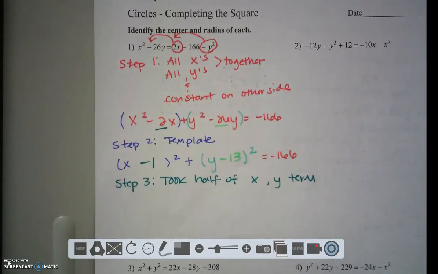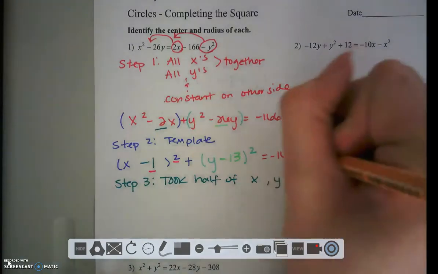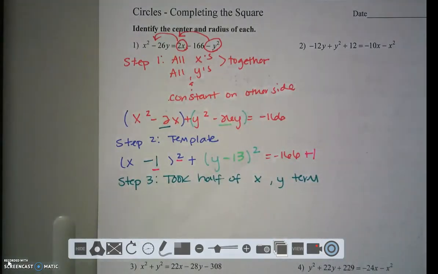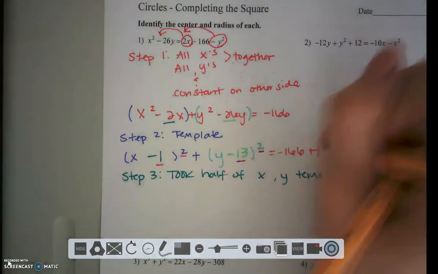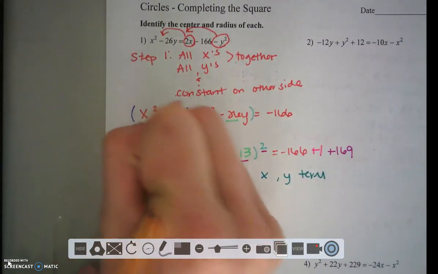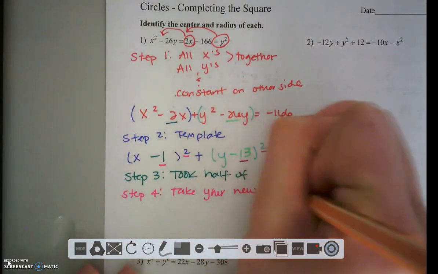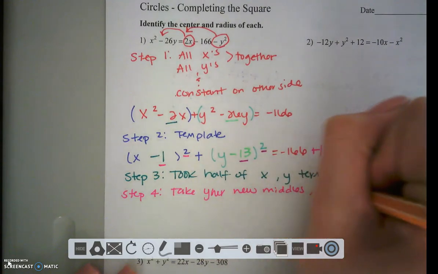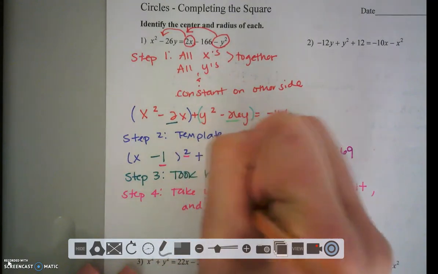Again, very similar to before. We're not finished. We're going to take this term and square it, add it. We're going to take our new middle, square it, and add it. So that was step 4. Take your new middles, square it, and add to the constant.